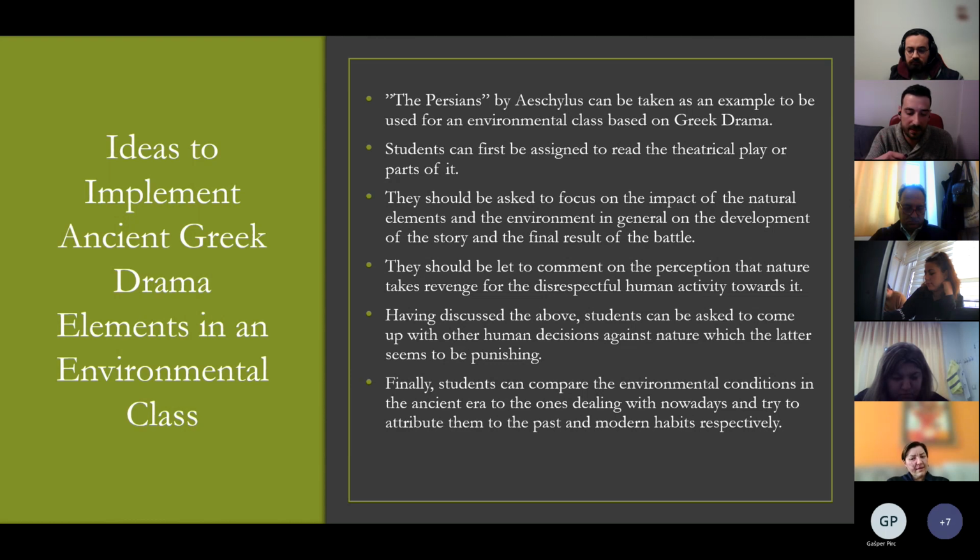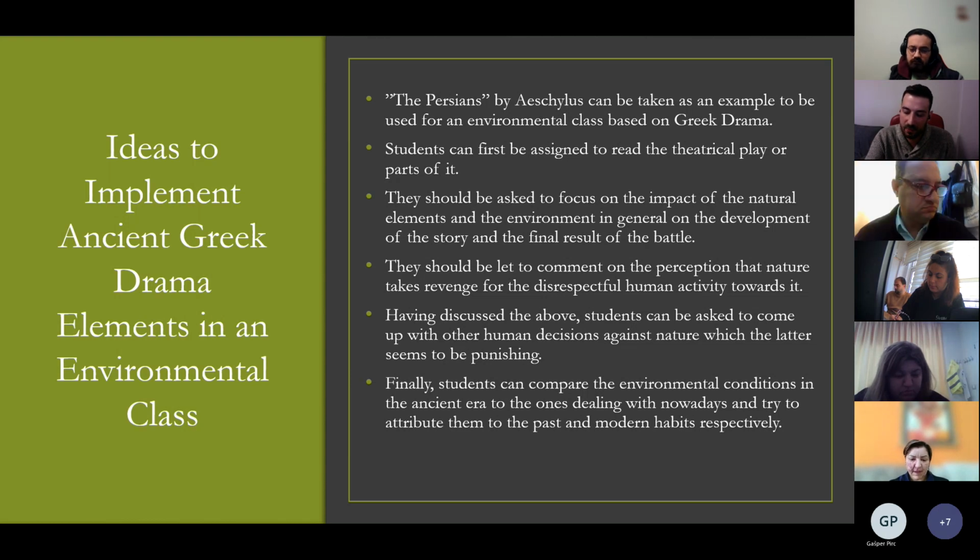And finally, students can be asked to compare the environmental conditions in the ancient era to the ones we are dealing with nowadays and try to attribute them to the past and modern habits respectively.